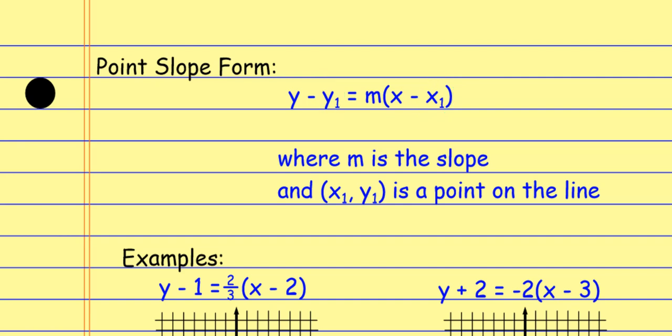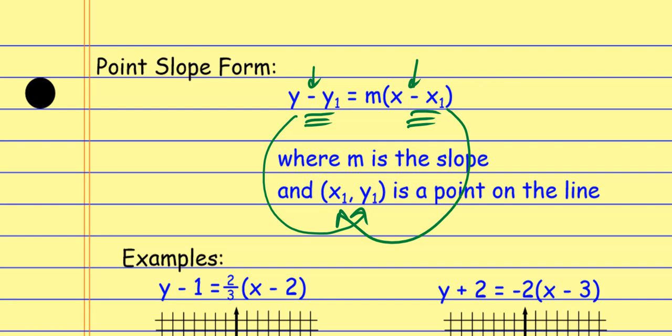Notice, whenever you have subtraction, you'll do the opposite of what you see. So the ordered pair is the opposite of this, which is just the y, and then the opposite of this, which is just the positive version of x. Think of it like the opposite to construct your ordered pair. And then the value out front here, that's just the slope. So we'll use that in terms of rise over run to count to the next point.